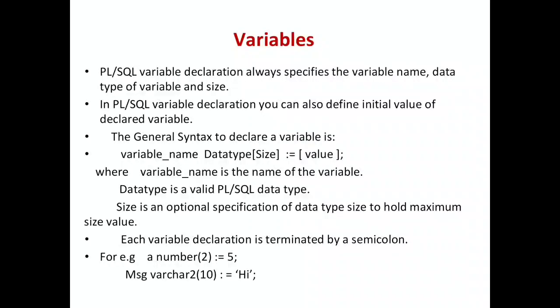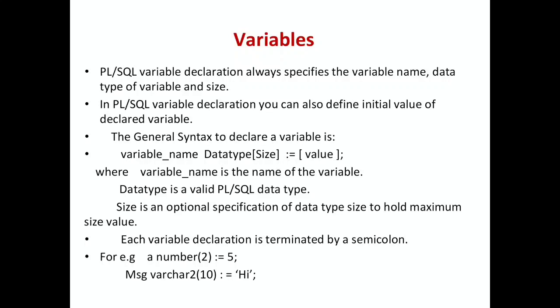Now see, we will give one example. A number(2) := 5. A is the name of the variable. Number is the data type. 2 is the size. Colon equal to is the assignment operator in PLSQL. Normally we have equal to, but in PLSQL it is colon equal to.